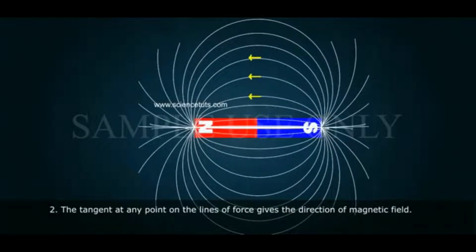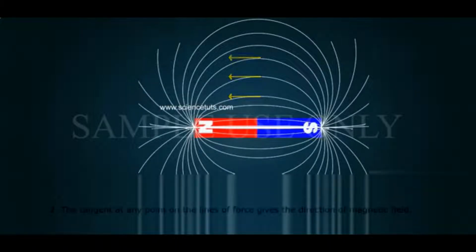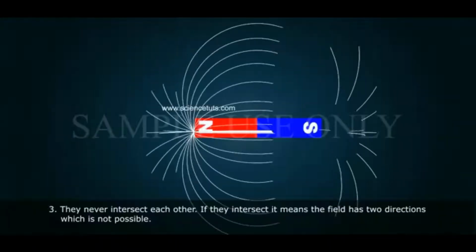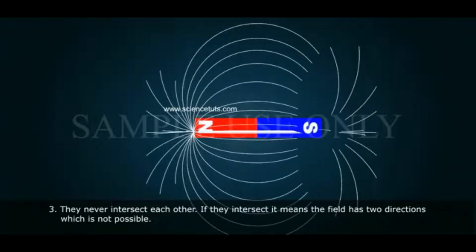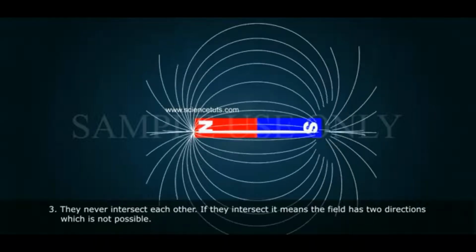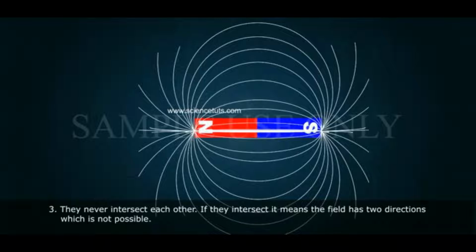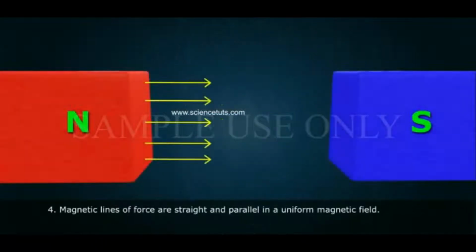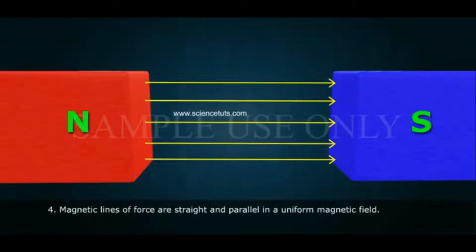The tangent at any point on the lines of force gives the direction of the magnetic field. 3. They never intersect each other. If they intersect, it means the field has two directions, which is not possible. 4. Magnetic lines of force are straight and parallel in a uniform magnetic field.